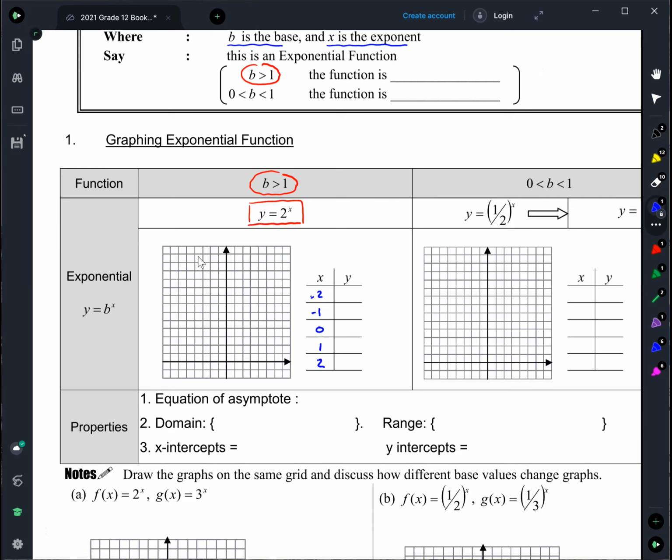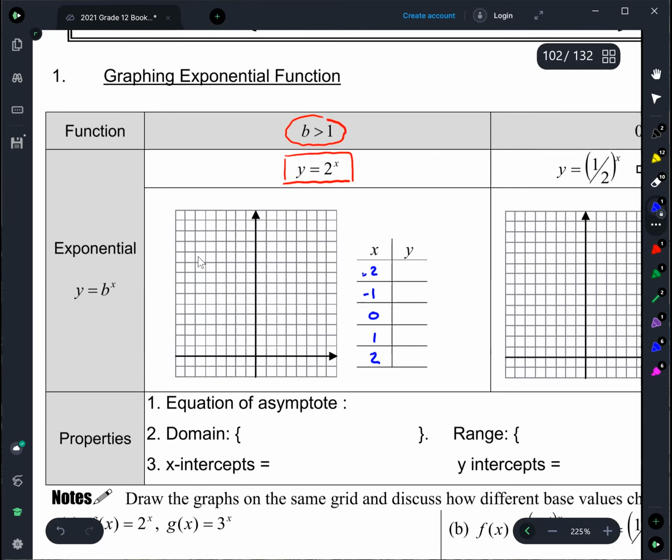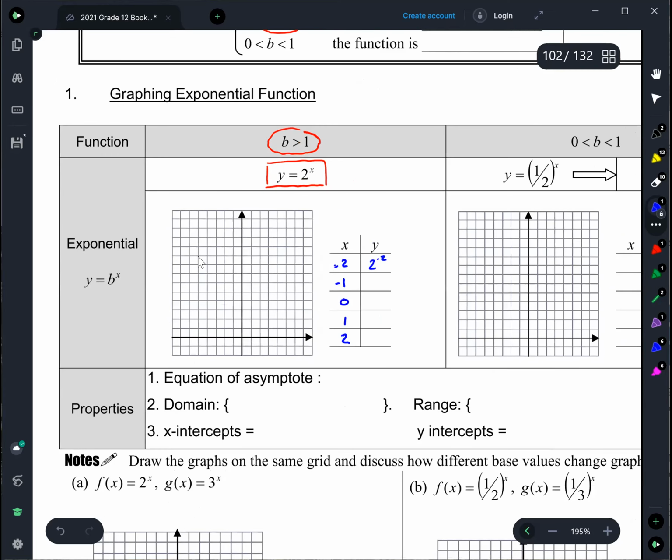I would like you to plug it into the function and write down the y value. For the first one, it will be 2 to the -2. So that will give you 1 over 2 squared.